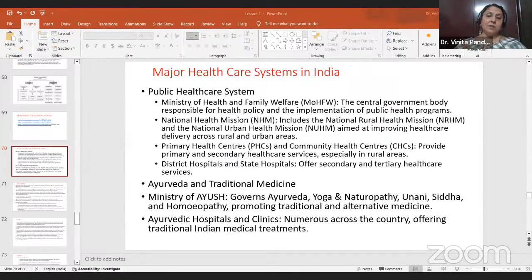Then the Unani system is also there. And in the Unani system, what is happening? The body is made up of four basic elements: earth, air, water, and fire. Otherwise, we also talk about five elements. These have different temperaments: cold, hot, wet, and dry.